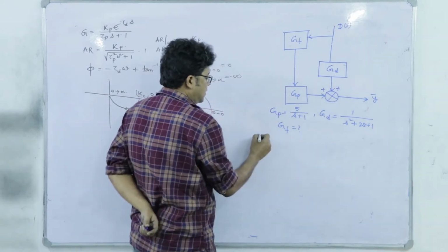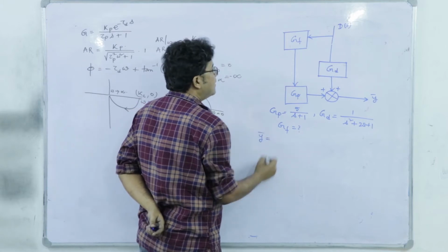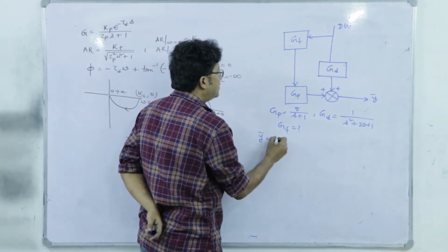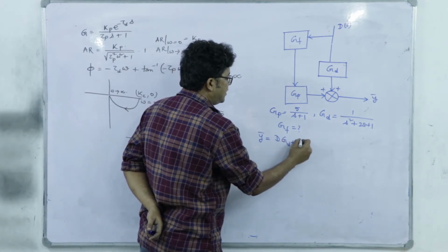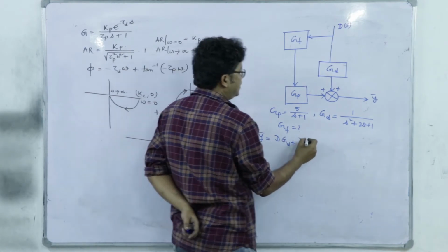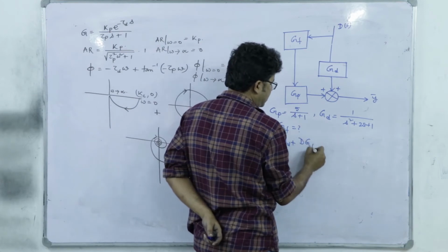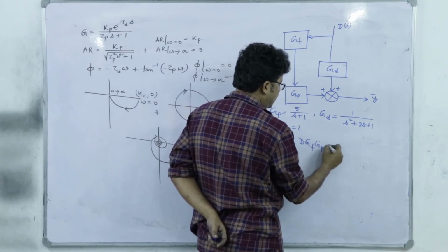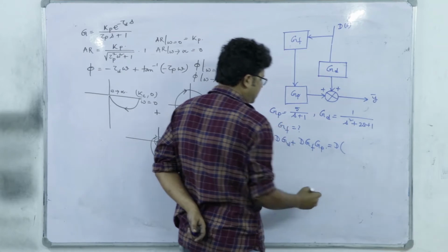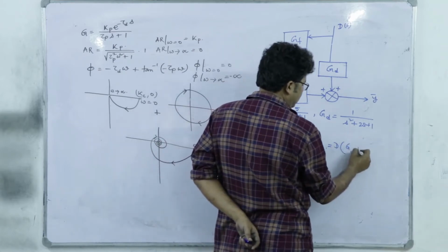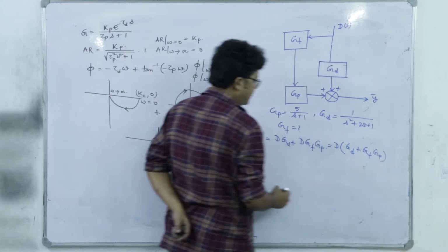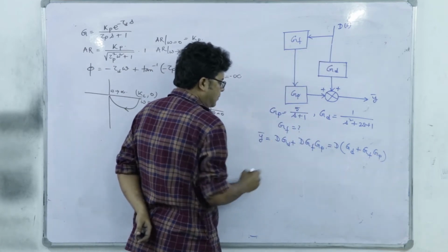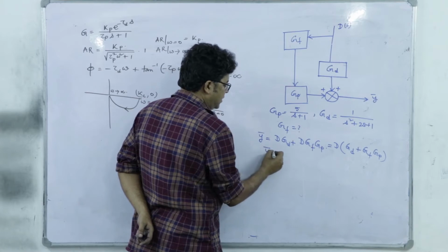So, Y bar is equal to D into GD plus D into GF into GP, right. So, D within bracket GD plus GF into GP, and what we have to keep here, these are all deviation variables.